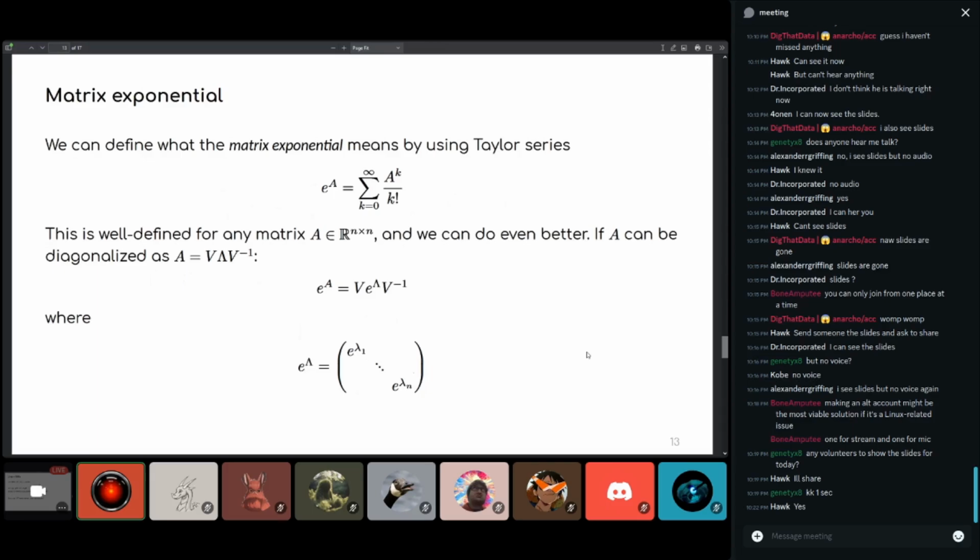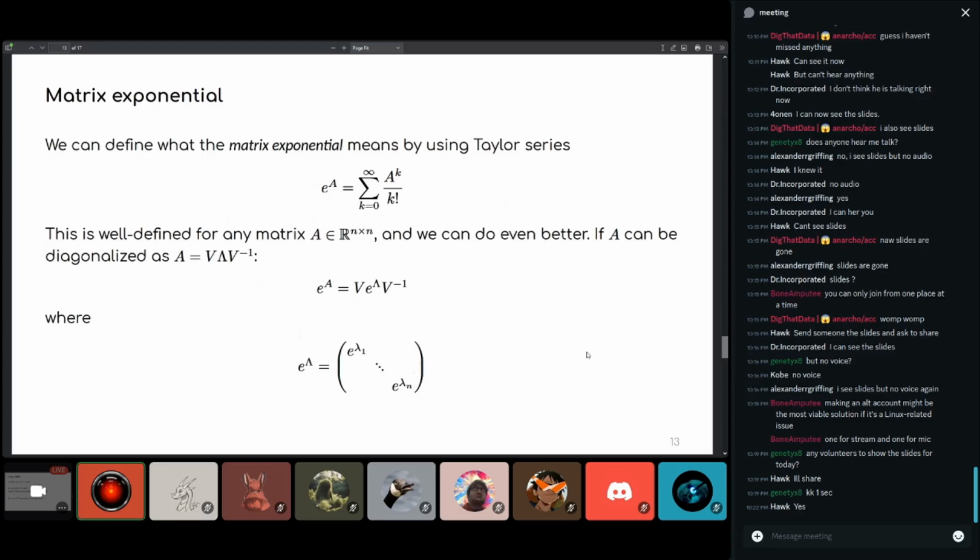But we can do even better. If A can be diagonalized, so we can find eigenvalues and eigenvectors such that I can express A as V, my eigenvectors, times lambda, a diagonal matrix of eigenvalues, times V minus 1. Then you can find the exponential just by expanding the powers of k here.